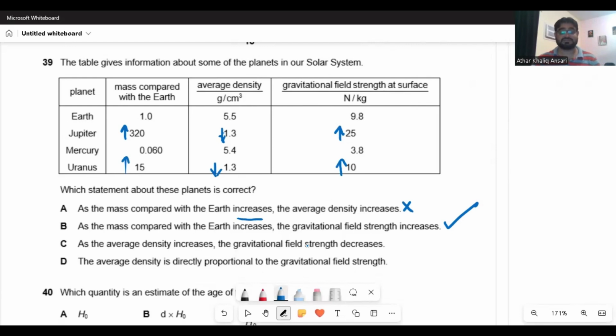There is not a single one in which density is increasing compared to Earth, but let's say I make it vice versa, that density decreases, gravitational field increases. So density decreases, gravitational field is increasing, not decreasing. This is a wrong option. And it says it is inversely proportional to this one. So our option B is the correct option.